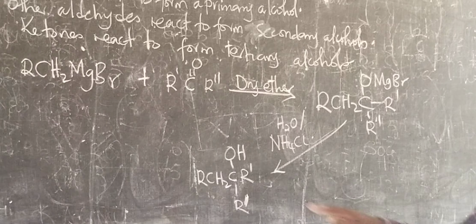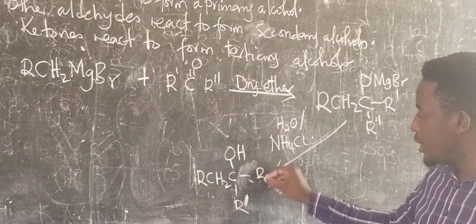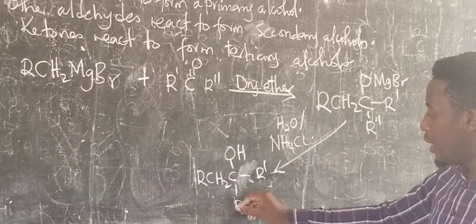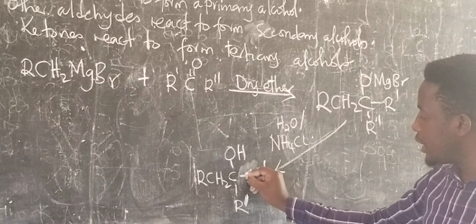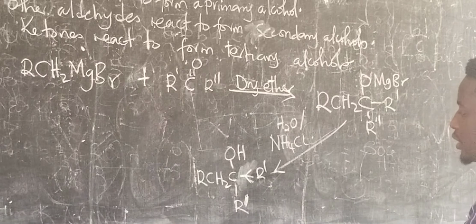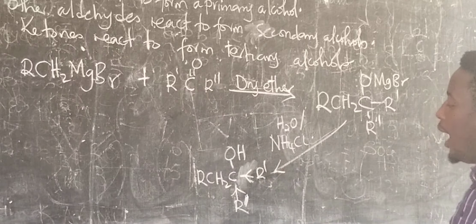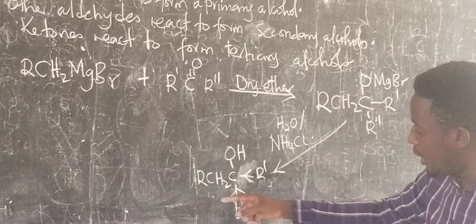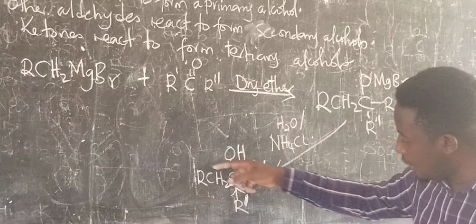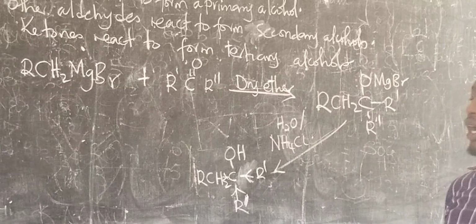When you look at this, for example, there is R prime here, then there is R double prime. You are looking at this R pushing electrons towards the carbon with the OH. Even this main alkyl group, RCH2, is also pushing electrons towards this carbon.